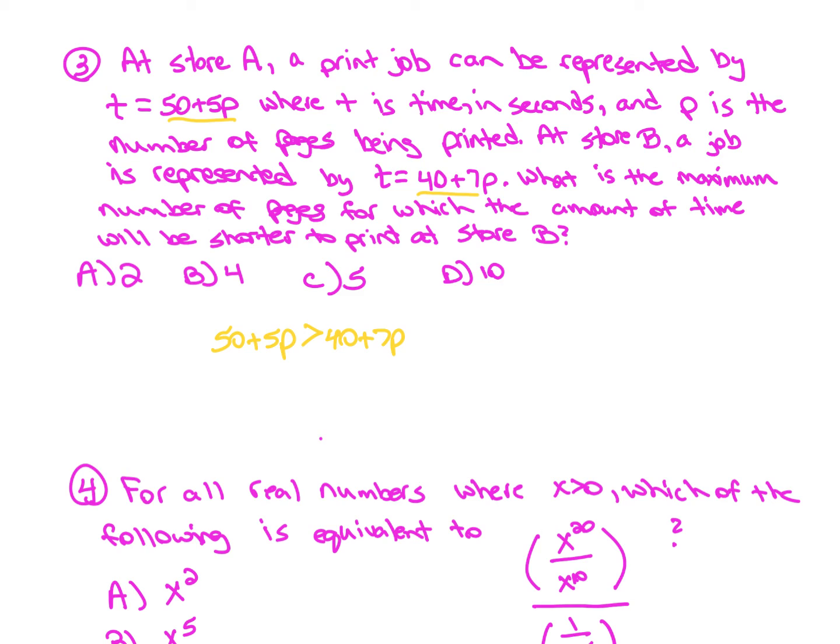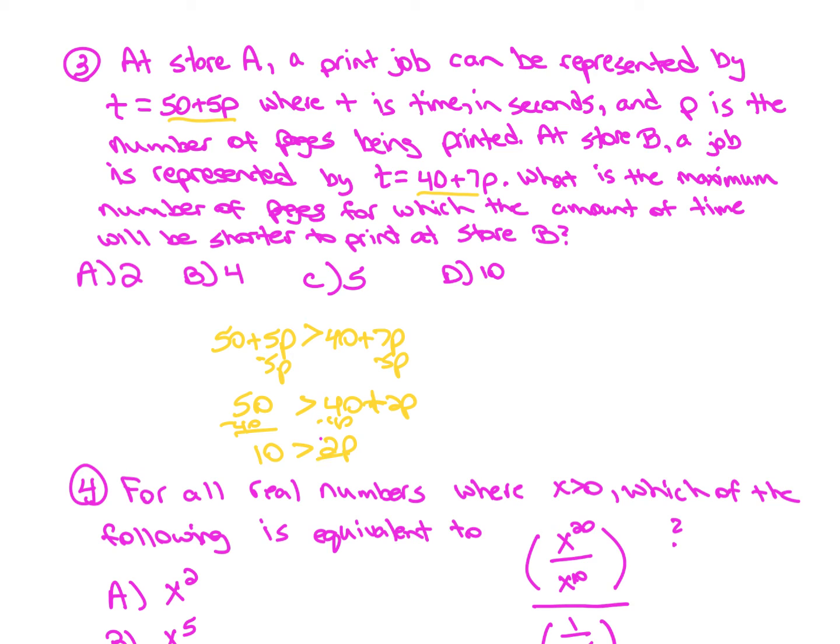Okay, so if I were to just solve this, if I subtract 5p from both sides, then I will have 40 plus 2p, and on the left-hand side, I'm left with this 50. Then I'm going to subtract 40 from both sides, and I will have 10 is greater than 2p.